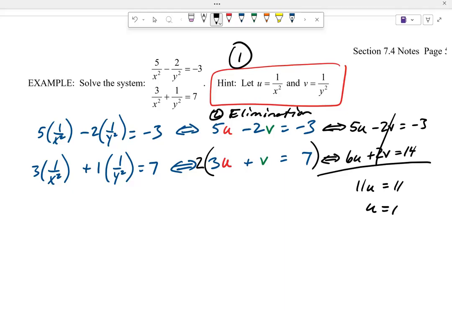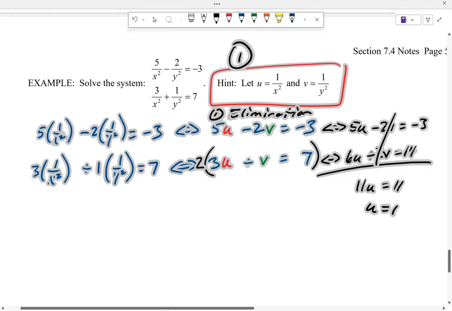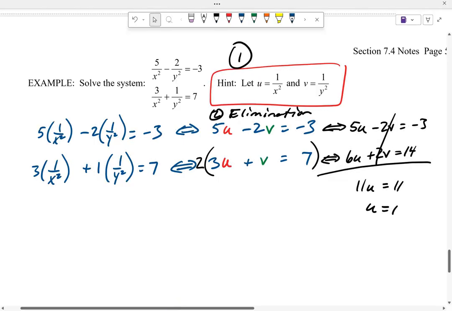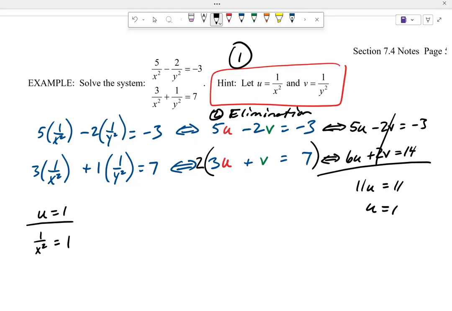So if u is 1, remember u is 1 over x squared. Let me multiply both sides by x squared. So I have 1 equals x squared. In other words, x squared equals 1.